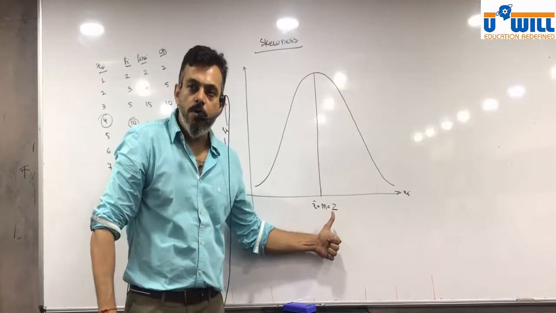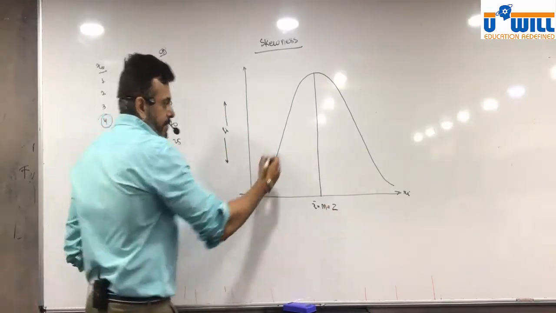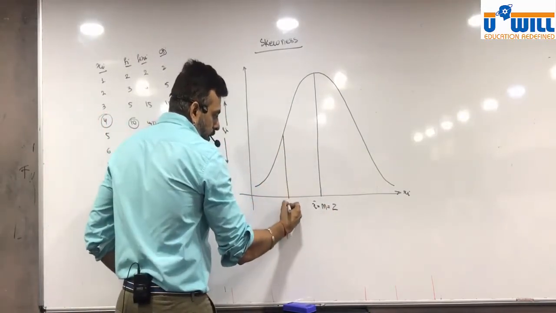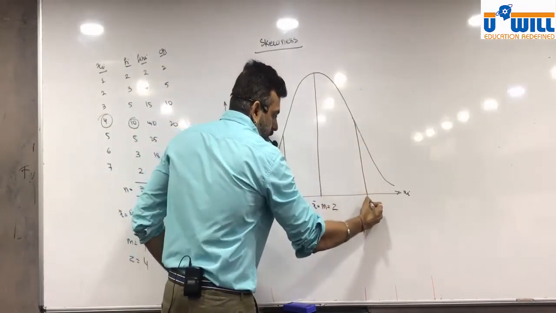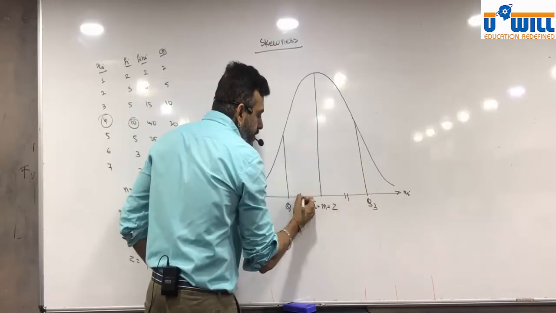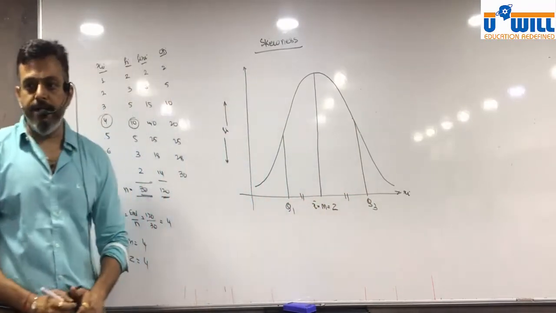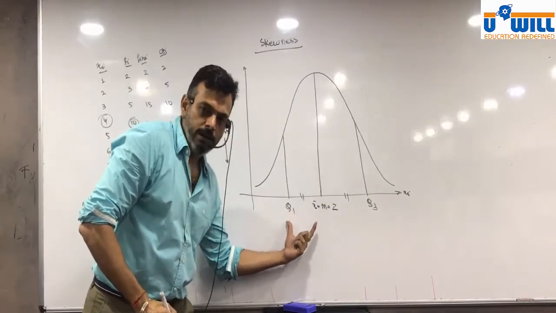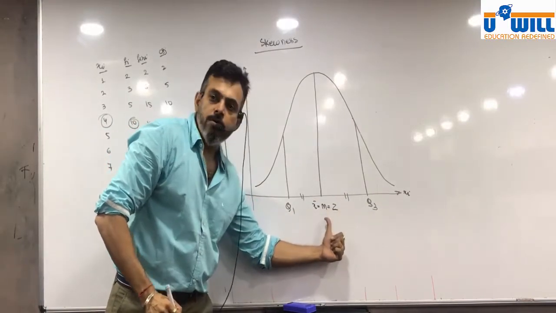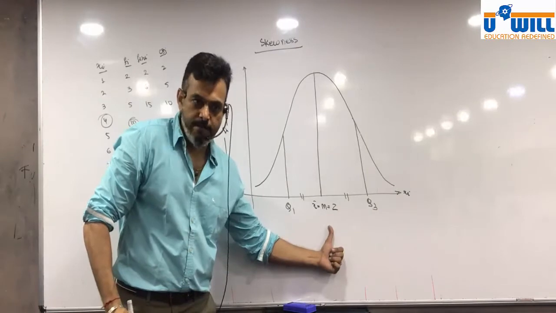Now this type of distribution, where you get a bell-shaped curve and your mean is equal to median is equal to mode. At the same time, quartile 1 and quartile 3 are at equal distance from the median. That is, this distance between median to Q1 and Q3 to median is same.